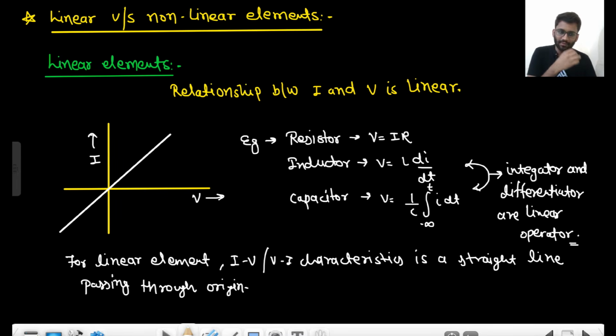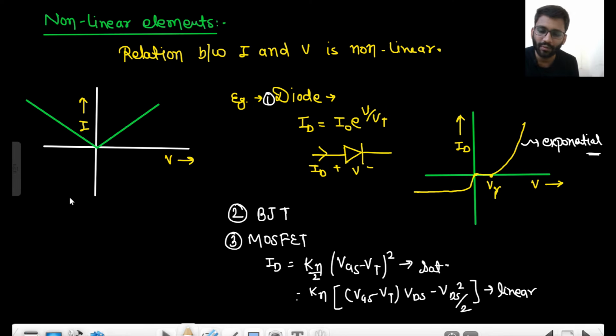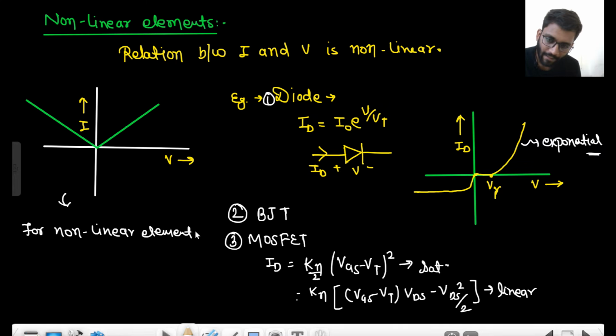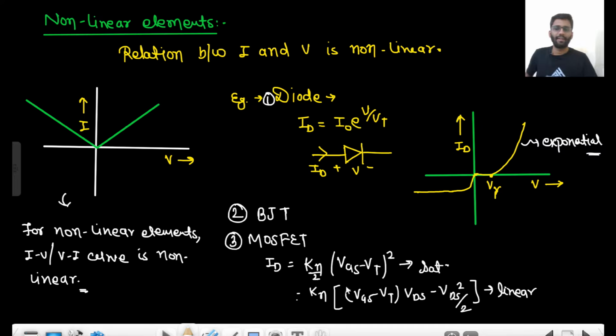So for non-linear elements, the IV or VI curve is non-linear. Okay, very simple thing. Well and good.